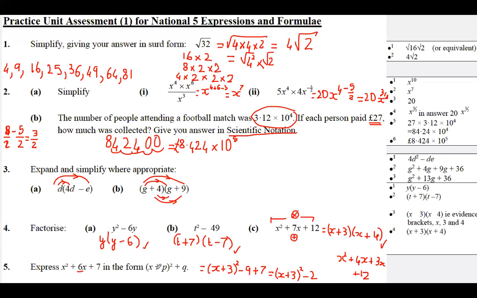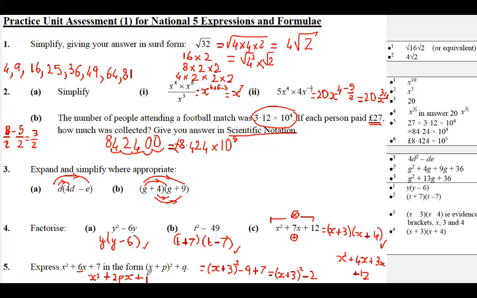So let's say you get this question, you can't remember that you need to halve the 6. What can we do? Can you expand (x plus p) squared? So (x plus p) squared is x squared plus px plus px, that's 2px, plus p squared.